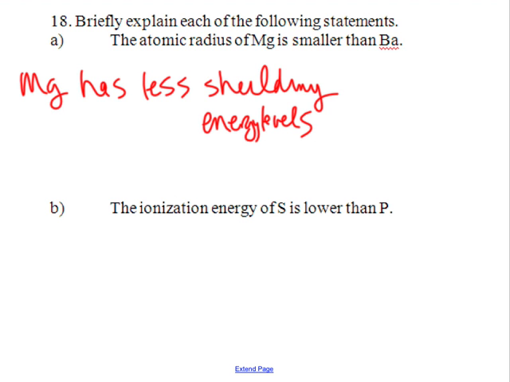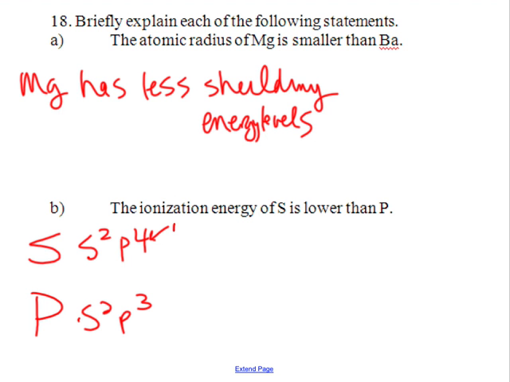The ionization energy of S is lower than P. S is 3s2, 3p4, and this guy is 3s2 3p3. So this last electron should be harder, but it's not. S is lower.